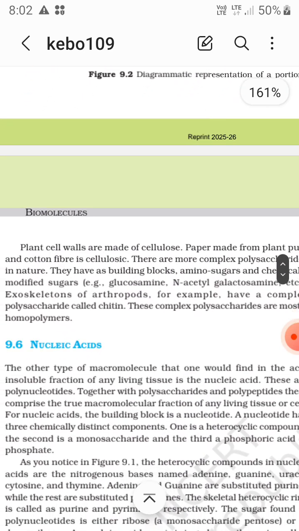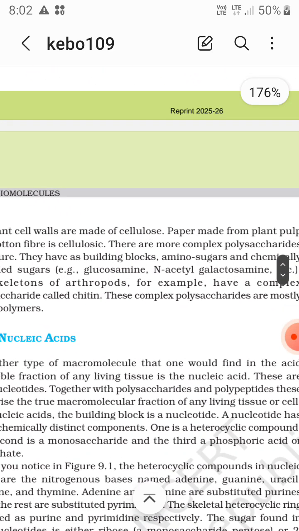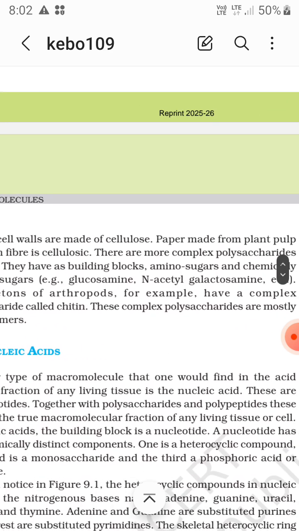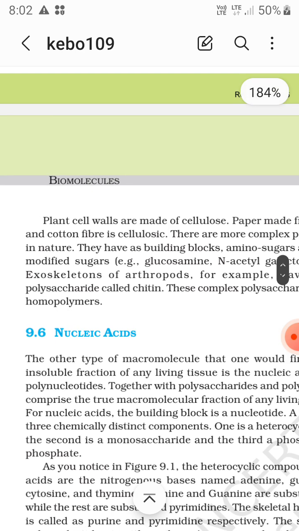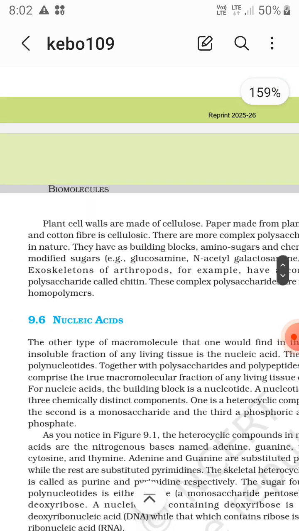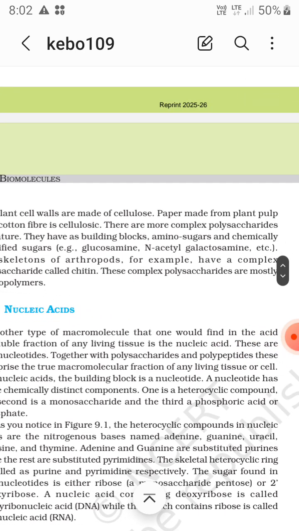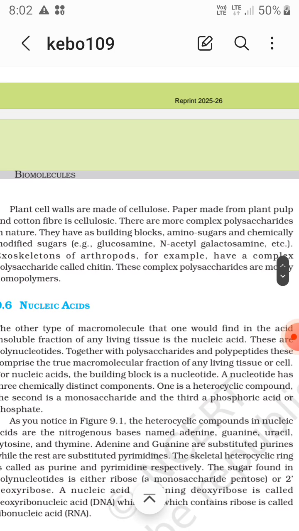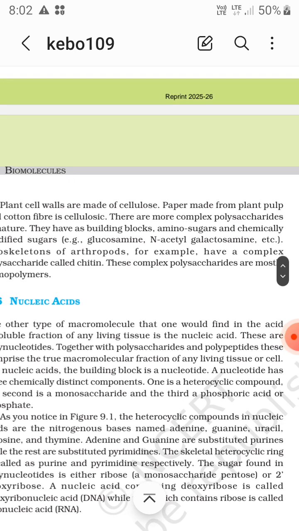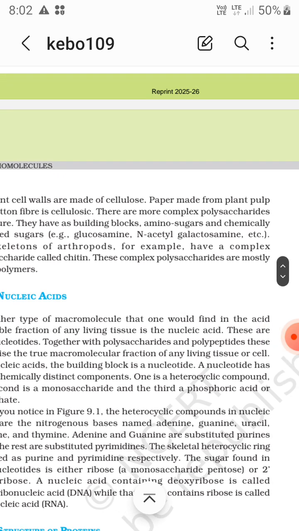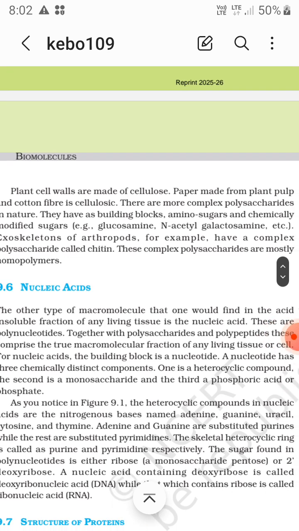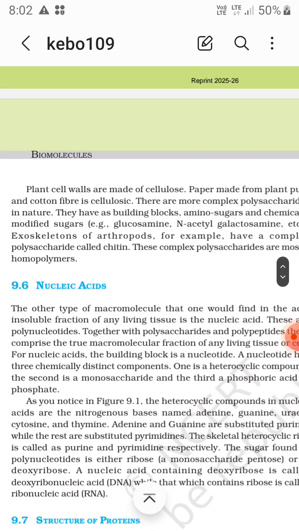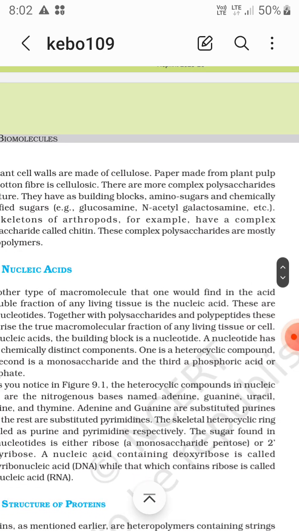Now plant cell walls are made up of cellulose, and they are used to make paper. Paper is also made from the plant pulp and cotton fiber, which is also cellulosic. There are more complex polysaccharides in nature, and they have amino acids, amino sugars, and chemically modified sugars, that is glucosamine and N-acetylgalactosamine.